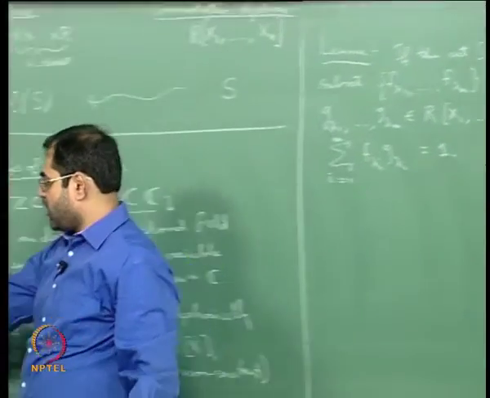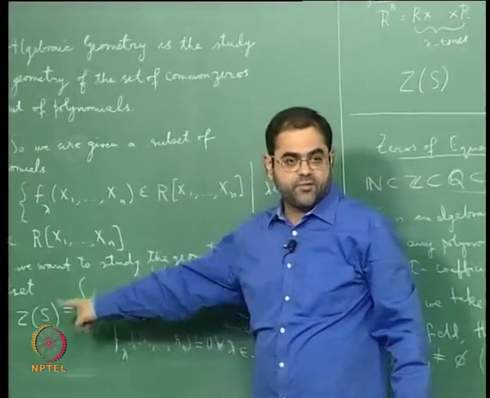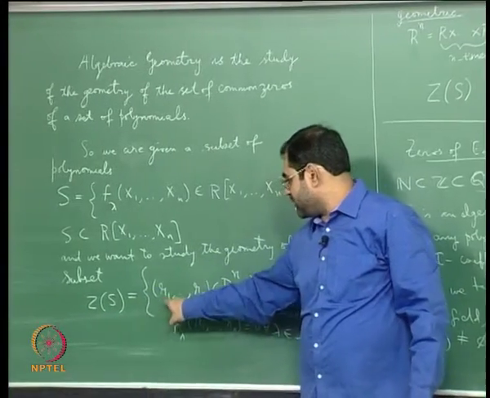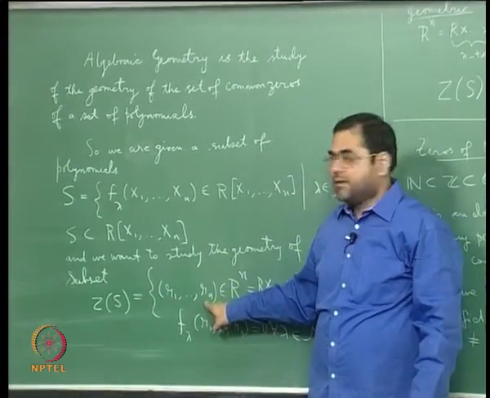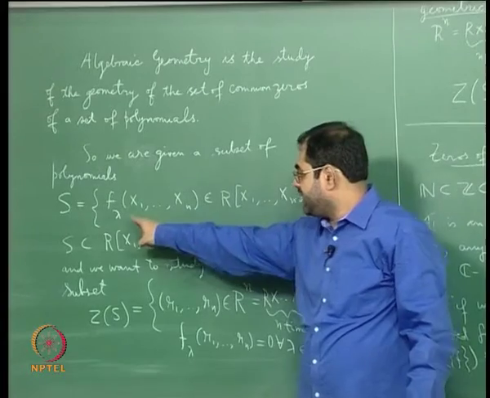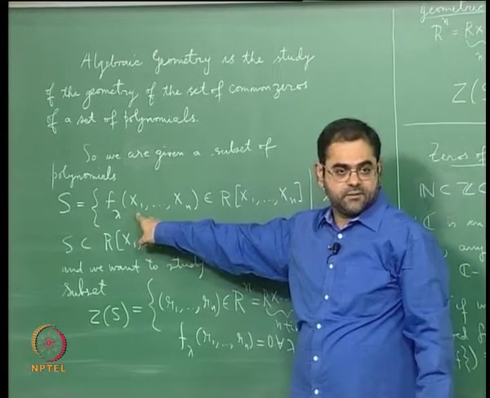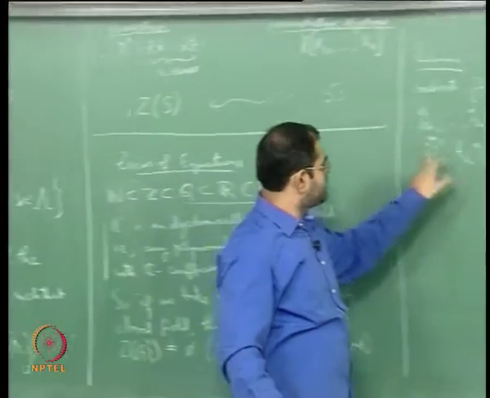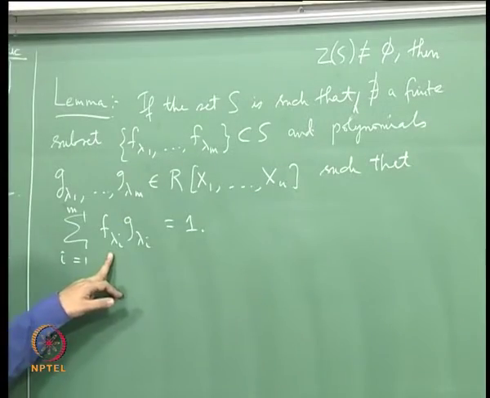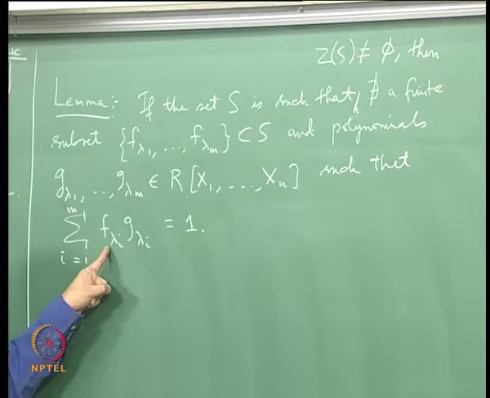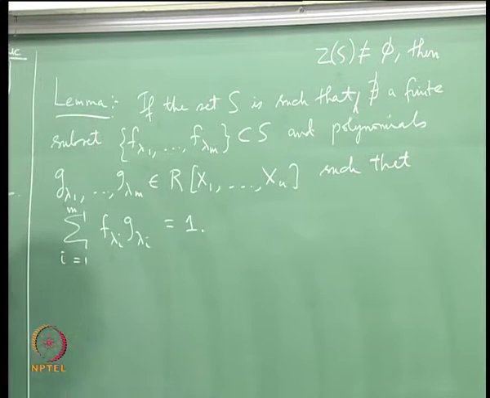That is obvious, because if the 0 set is non-empty, that means there is a value small r1 etc. small rn in the 0 set, and when you substitute it in each of these f lambdas, it is going to vanish. So if I substitute it in this relation, the left side is going to vanish and I will get 0 equal to 1, and in a ring if 0 equal to 1 then the ring is the 0 ring.